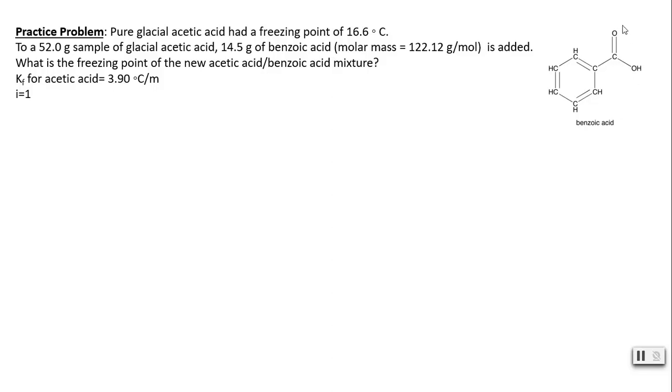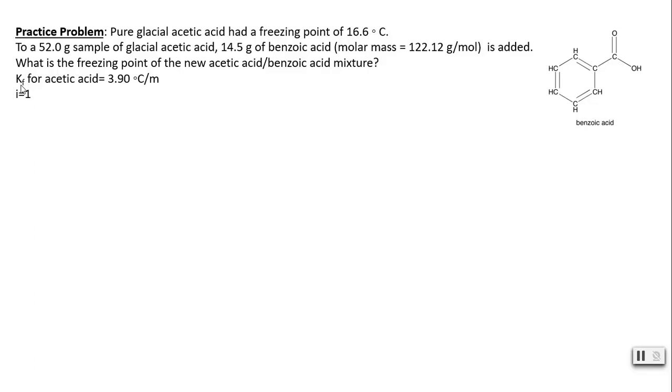I have the structure here just to be complete, but I've given you the molar mass here as well. That will be helpful. So I have 14.5 grams of this benzoic acid in 52 grams of the solvent, glacial acetic acid. I want to know what the new freezing point is of this acetic acid, benzoic acid mixture.